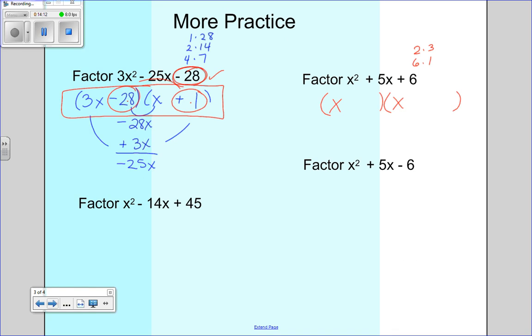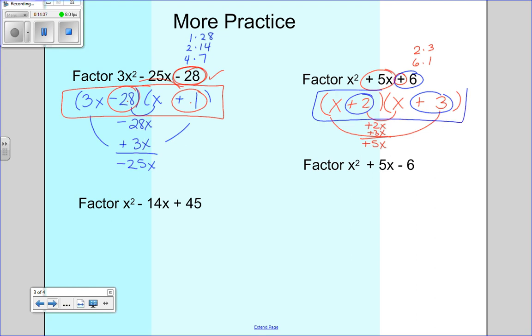I think because this is a plus, we need both of these to be a positive 2, positive 3, and that way those are going to add up to be a positive 5x. That's a plus 2x. That's a plus 3x. Add those together to get a plus 5x. Then last times last, 2 times 3 is a positive 6. So this is the correct factorization here.